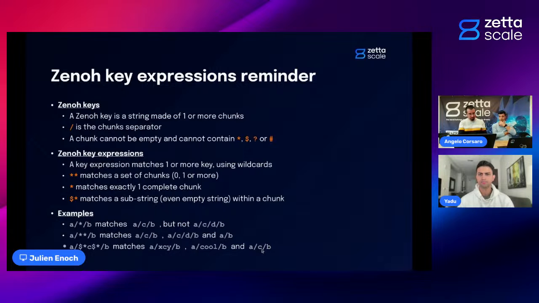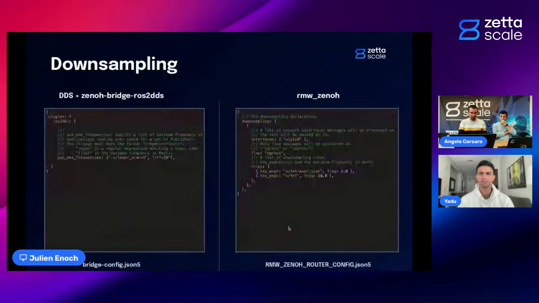Okay? Pretty clear. So if we go back to the key expression here, we can see it was any character before a slash laser scan. So this was to say that we need to have any namespace, but for the topic laser scan. Here we have one star with a slash.